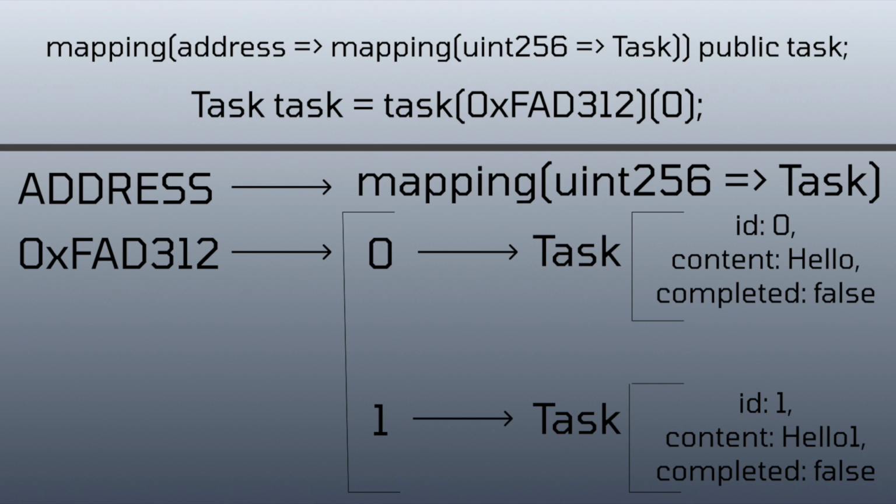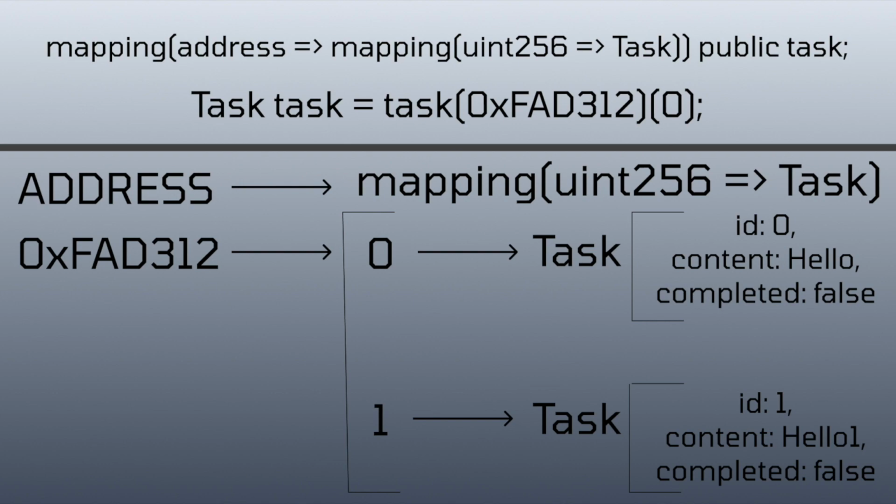So if we pass the first address and also, for example, the 0, we will get the first task with the ID 0.